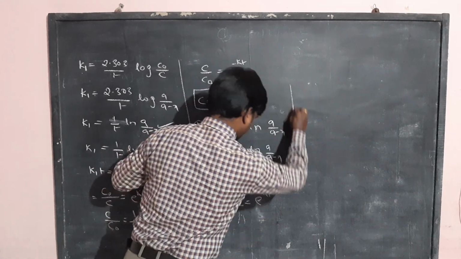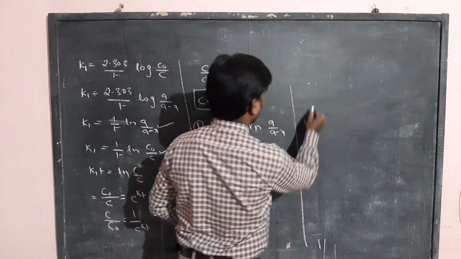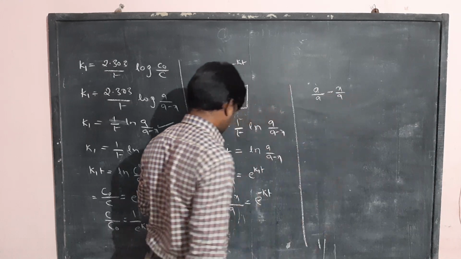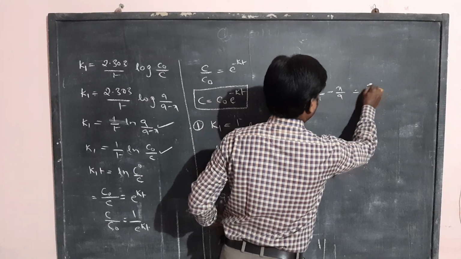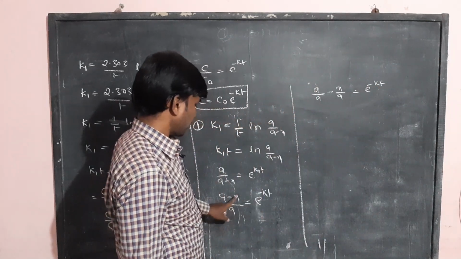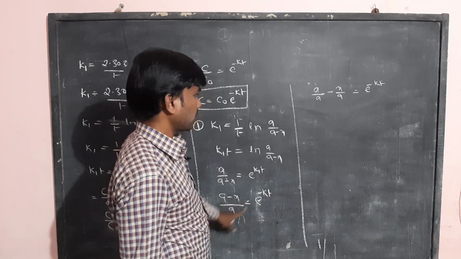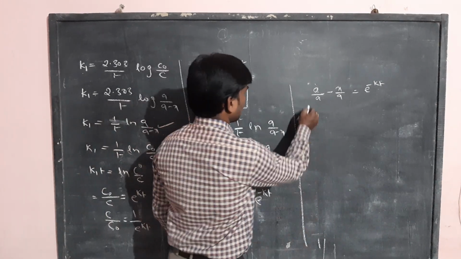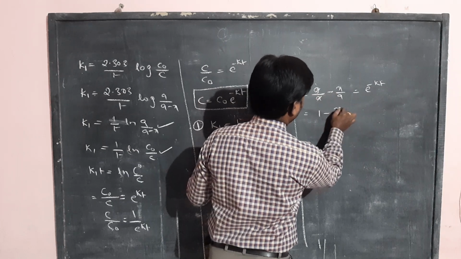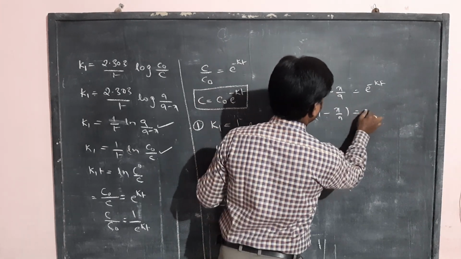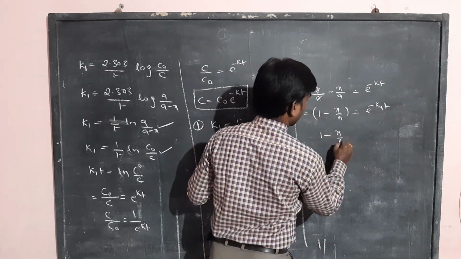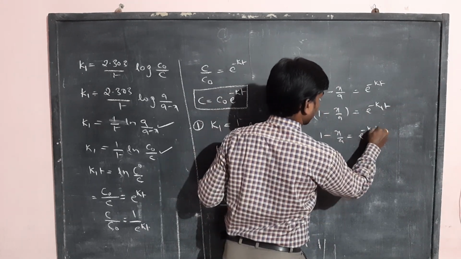Here we can write a minus x by a as a by a minus x by a, since the same denominator is there. a by a is nothing but 1, so 1 minus x by a is equal to e to the power of minus k1 t.